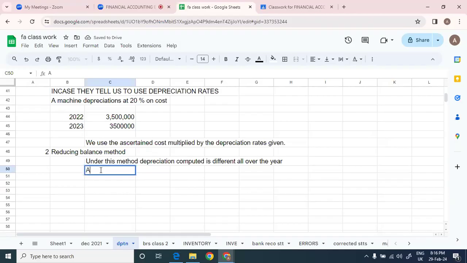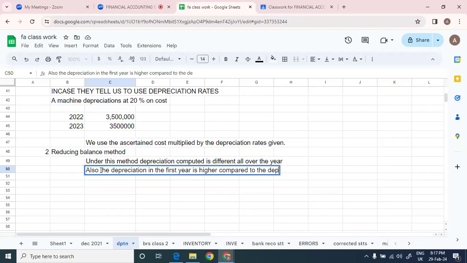Also, the depreciation in the first year is higher compared to the depreciations of the next years.